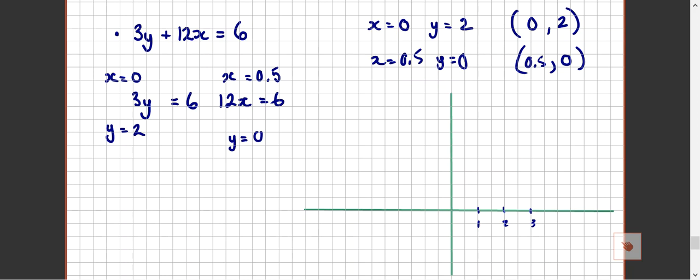So where would 0, 2 go? 2. So 0, 2. Where would 0.5, 0 go? Between 1 and 0. Down there. So my line would end up going through those 2 points like that.